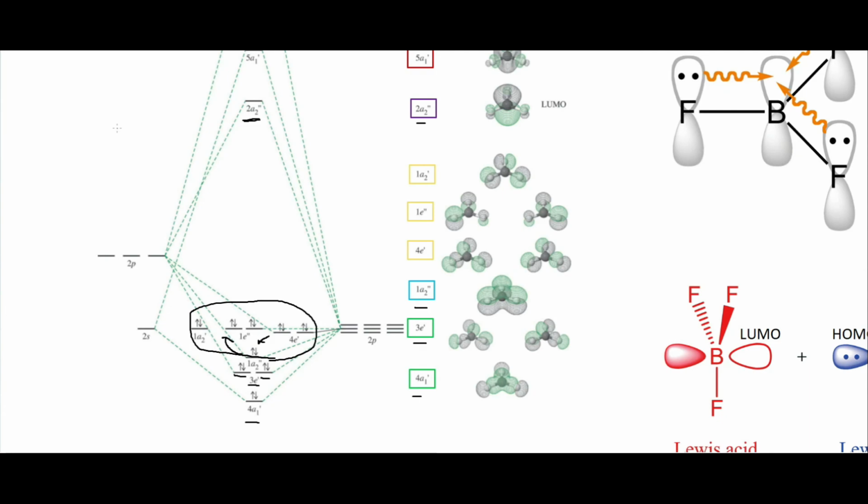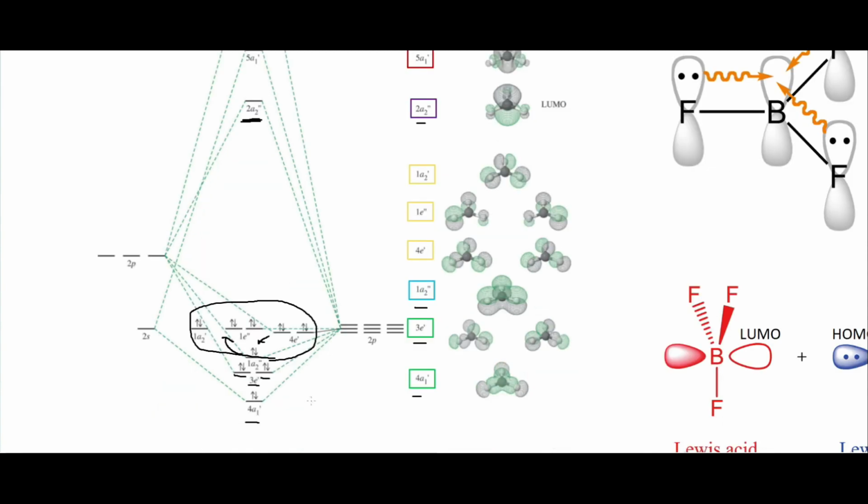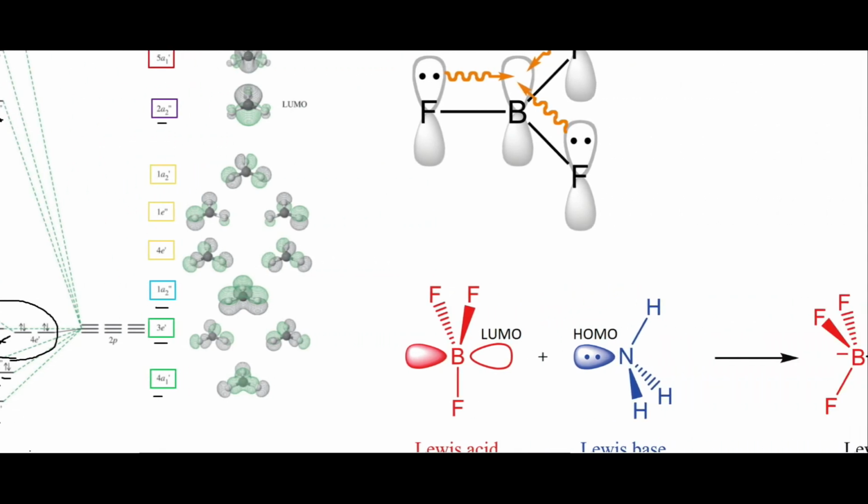But for now, we kind of have to accept that this partial mixing ends up with some weirdness going on with these non-bonding orbitals. But we do end up getting this anti-bonding orbital up here, this empty anti-bonding orbital, which can act as the lowest unoccupied molecular orbital.